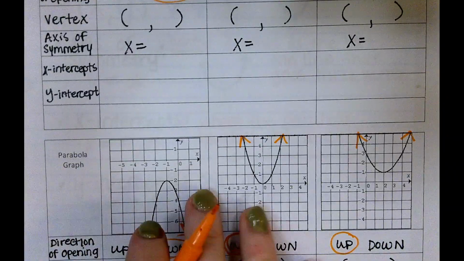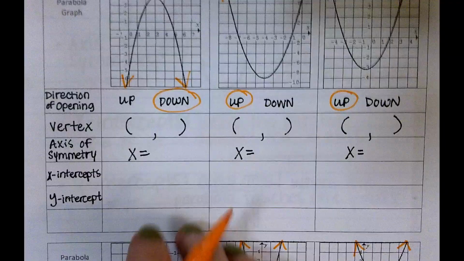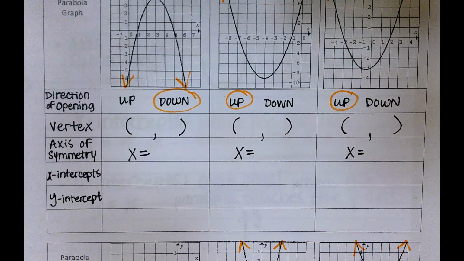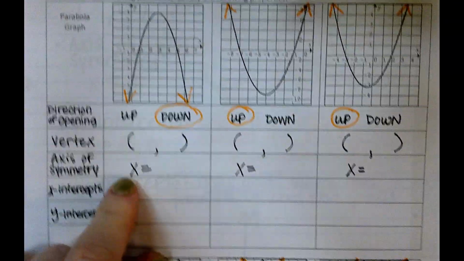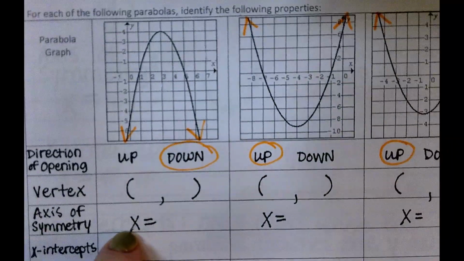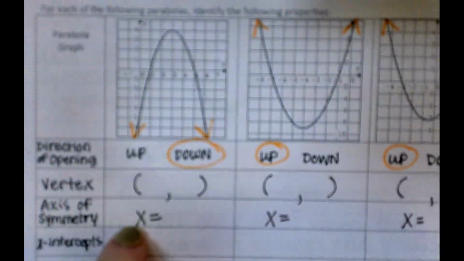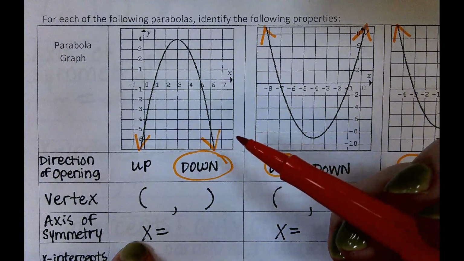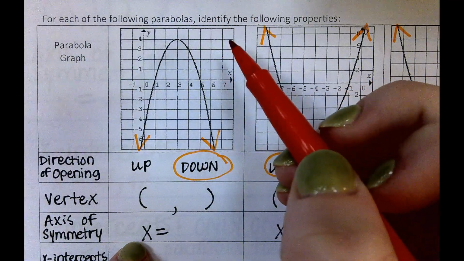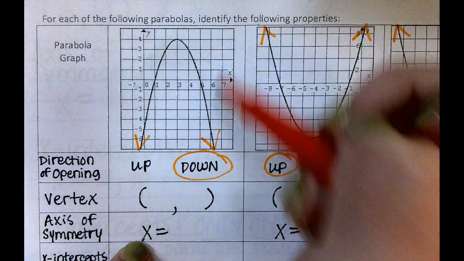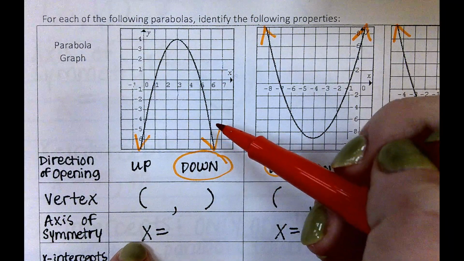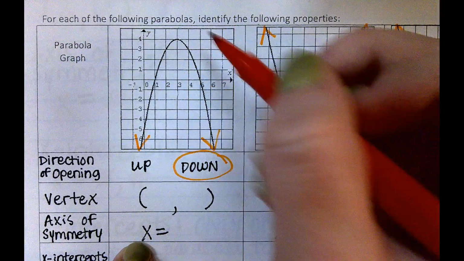Now the vertex. Remember, the vertex is always X first and then Y. So I'm going to show you this first one, and then I'm going to get your help on the next couple. The vertex, I like to think of it as where my graph creates that V. V for vertex, the point of it.